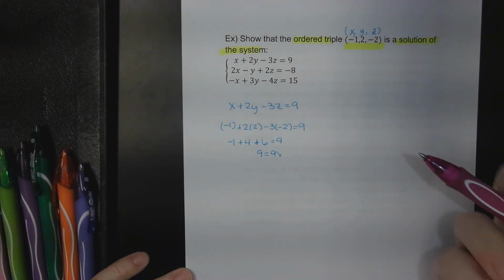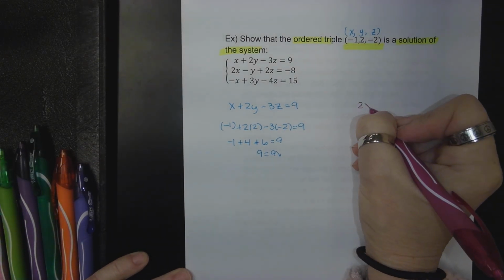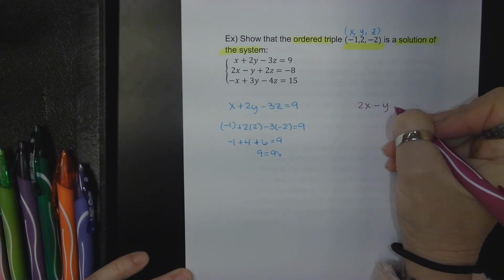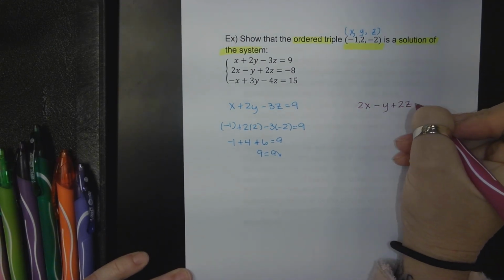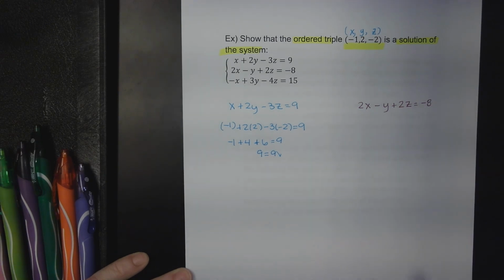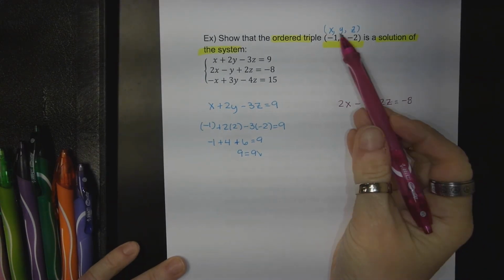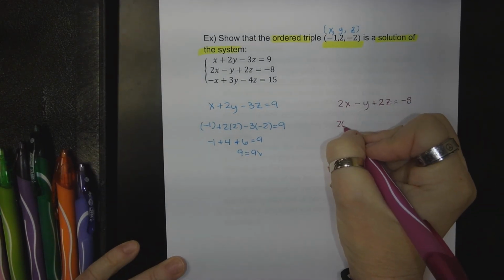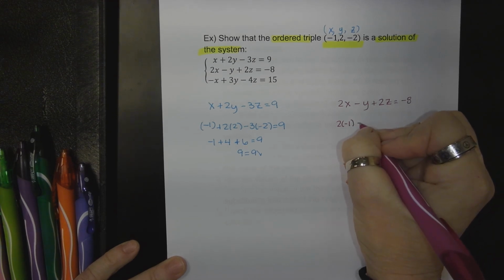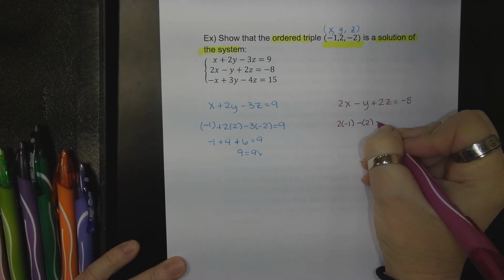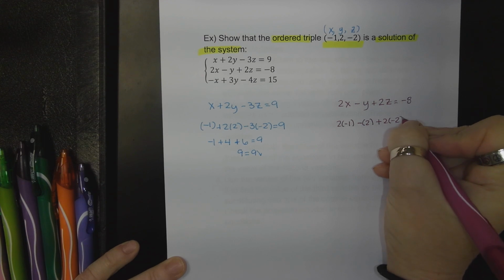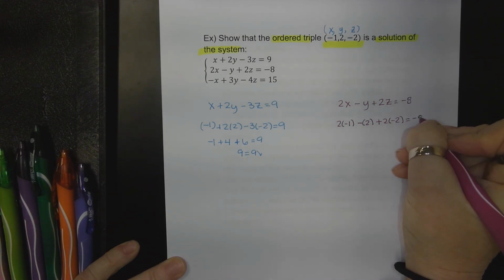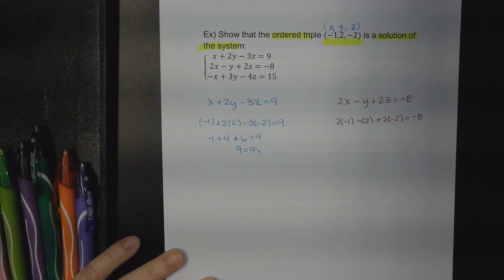Now let's move to the second one. So this is going to be our 2x minus y plus 2z equals -8. And once again, we'll plug these in. So 2 times a -1 minus 2 plus 2 times a -2. This should equal a -8.